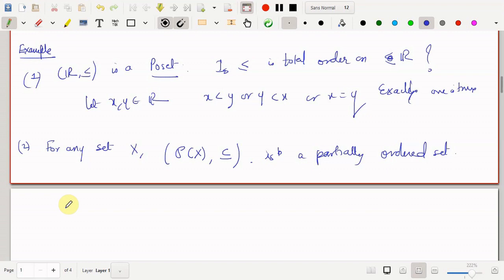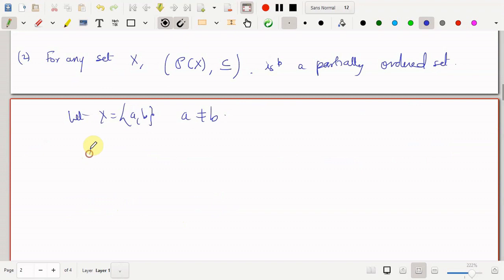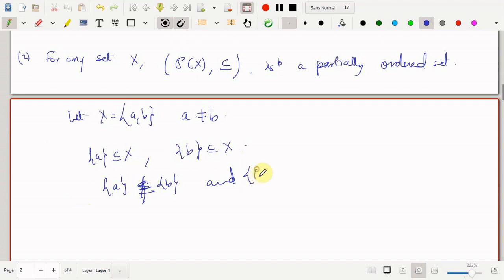Now obviously these are related. But if X contains more than one element, let me take X containing a, b for some a and b, where a is not equal to b. In this case, the singleton set {a} is a subset of X, and the singleton set {b} is also a subset of X, but {a} is not related to {b} because {a} is not a subset of {b}, and {b} is not a subset of {a}.